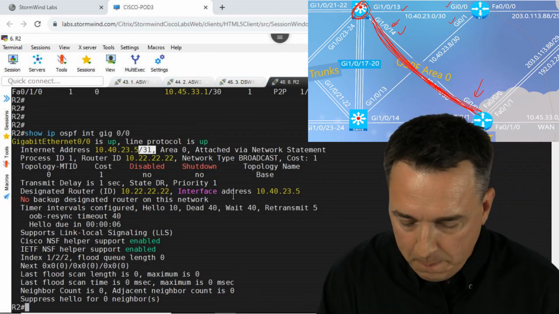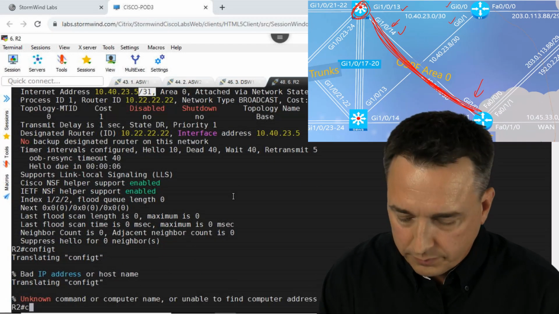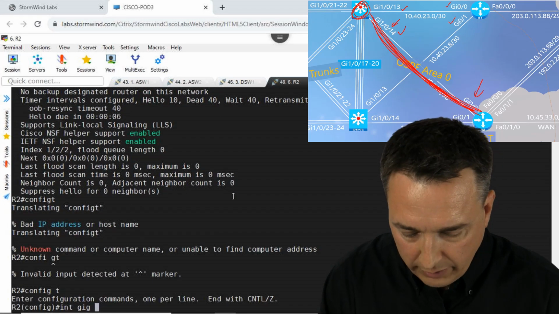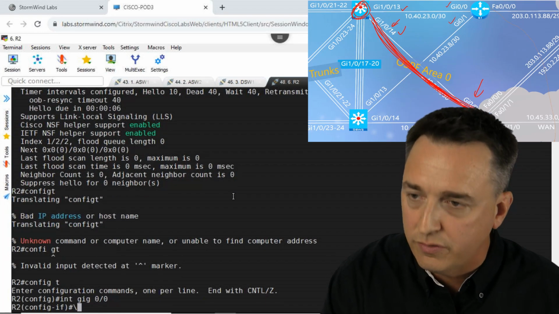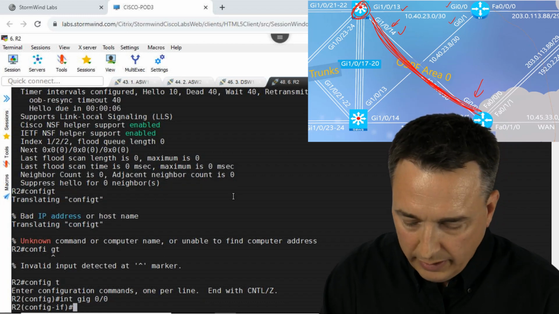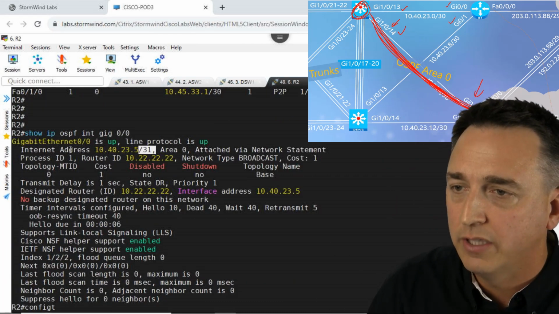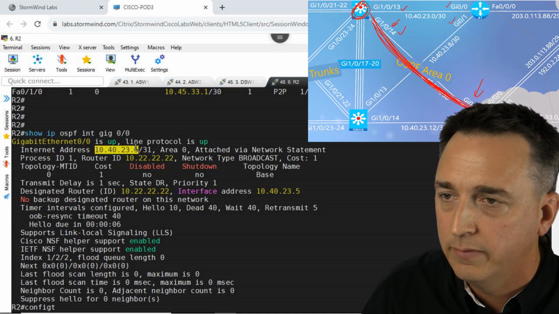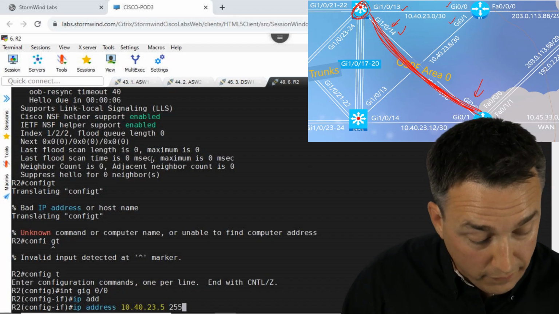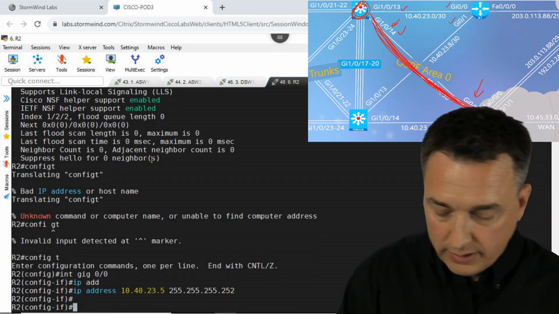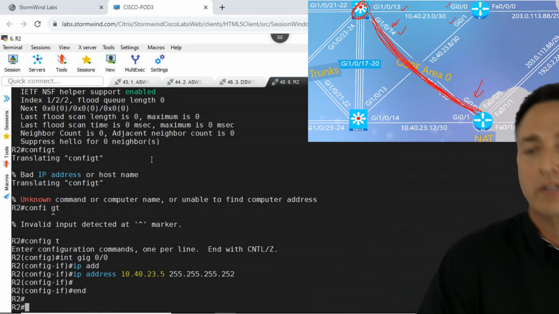So let's go over to R2, configure terminal, interface gigabit Ethernet, what is it? 0/0. And now we're going to type in IP address, and our IP address on this interface is 10.40, et cetera, 255.255.255.252. And we should see our neighborship come up here relatively shortly. I hope.